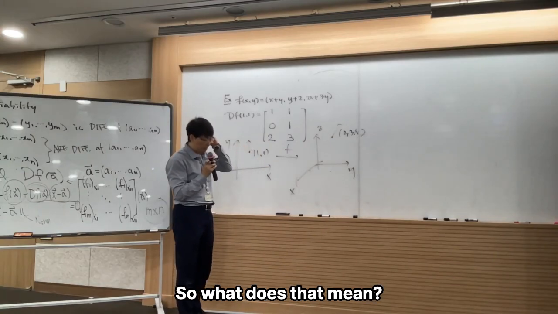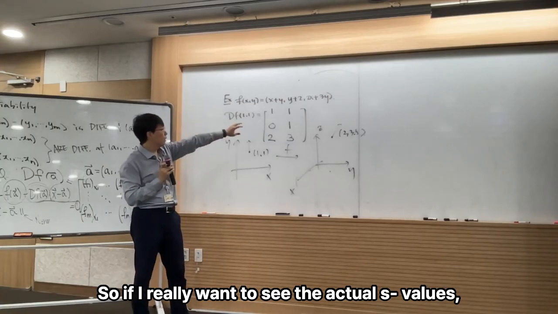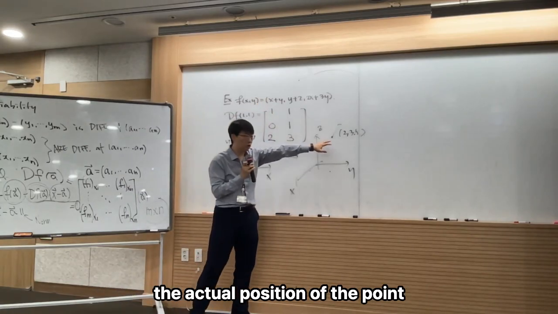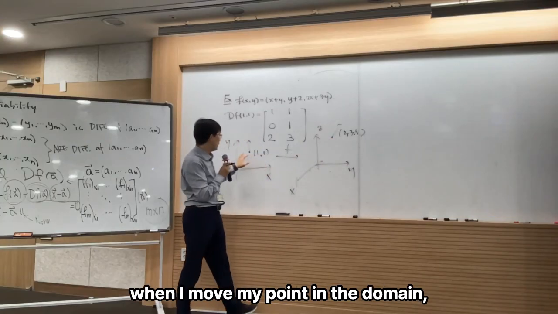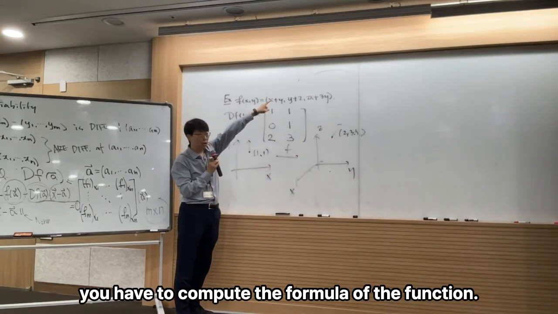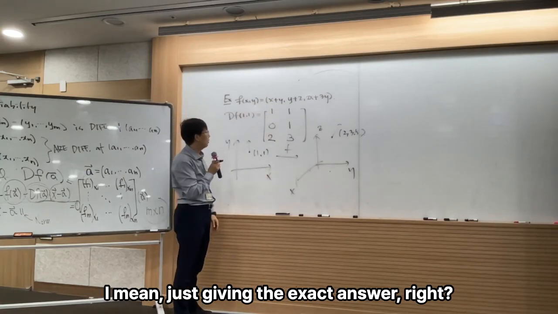So what does that mean? If I really want to see the actual position of the point when I move my point in the domain, you have to compute the formula of the function. That's the best way you can do it, just giving the exact answer.